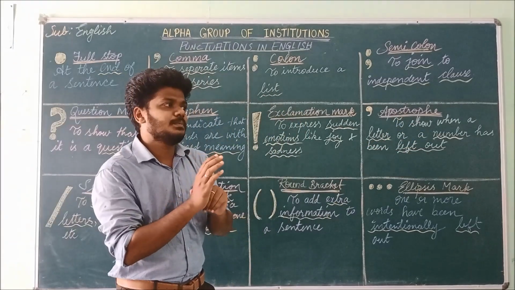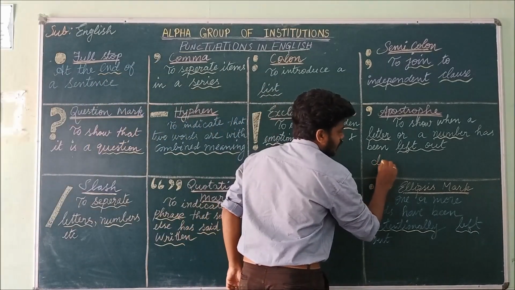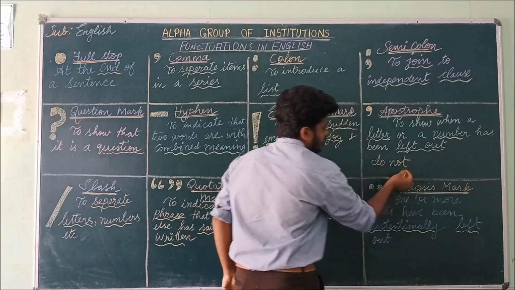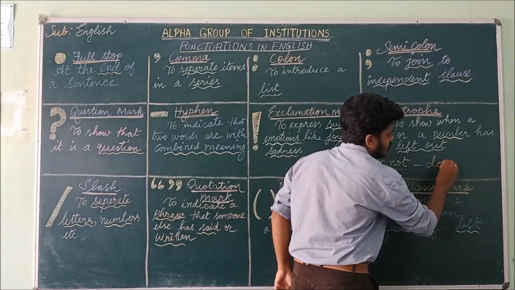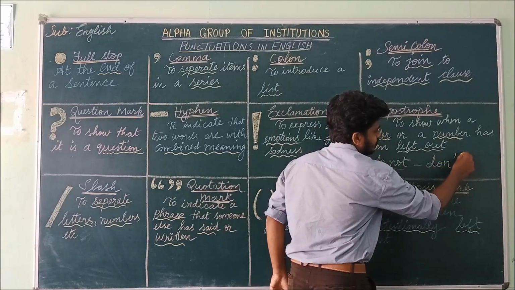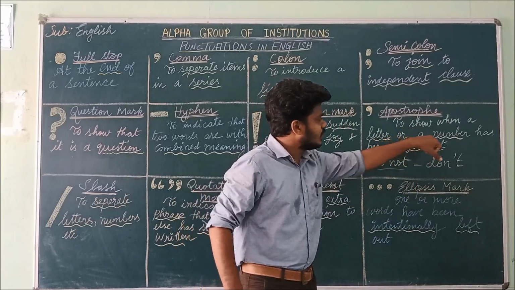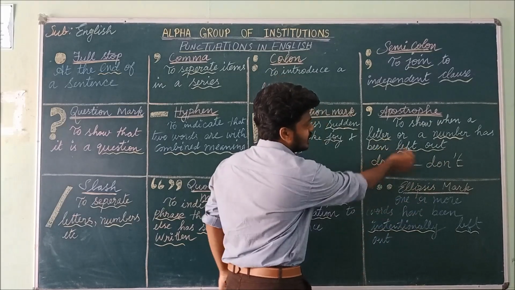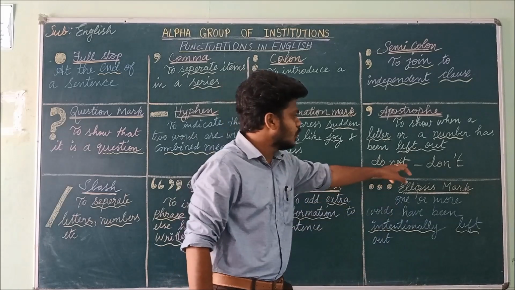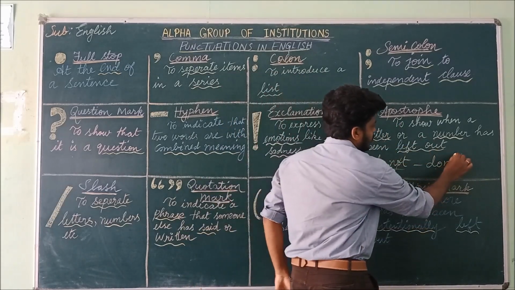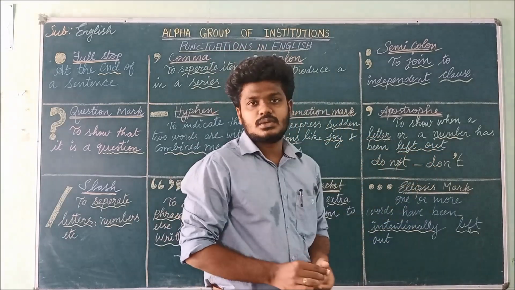For example, while writing don't or do not, instead of writing it fully, we will write D-O-N apostrophe T. So what's the meaning? To show when a letter or a number has been left out. Here, which letter has been left out? Yes, the O has been left out. Instead of writing the O, we are using that apostrophe symbol. So this is the purpose of using an apostrophe in English while writing.